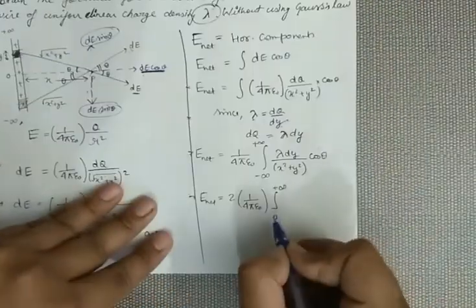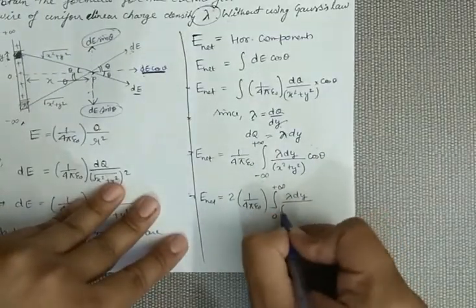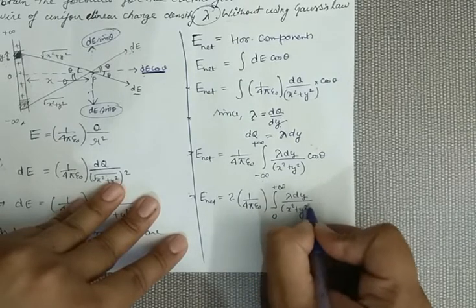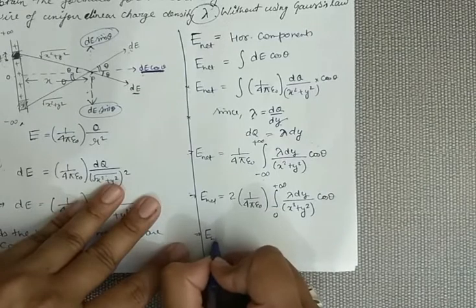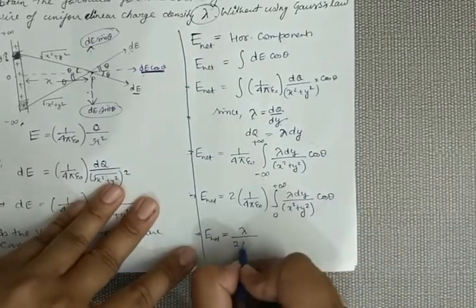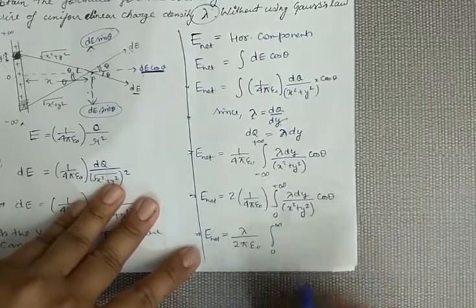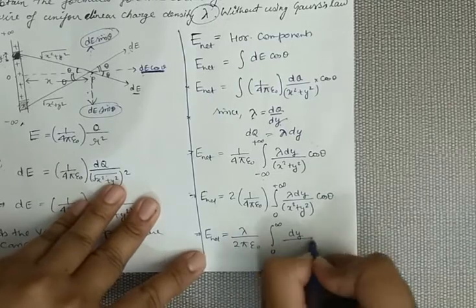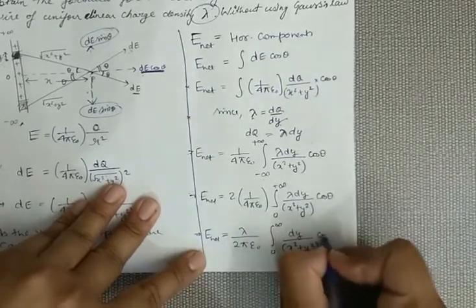It will change my limit from 0 to infinity. Lambda times dy upon x square plus y square times cos theta. So simplifying a little more, taking this lambda outside, lambda upon 2 pi epsilon naught, integrating from 0 to infinity, dy upon x square plus y square times cos theta.